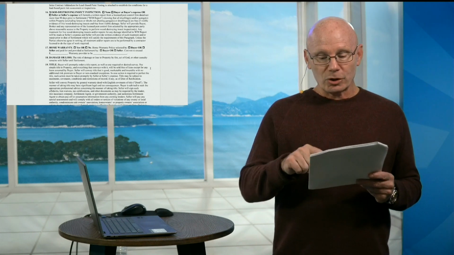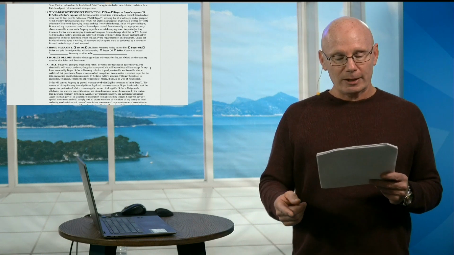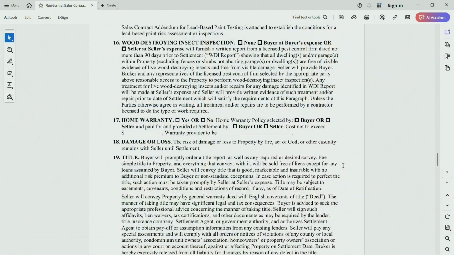And so here it does say the seller will provide the buyer and the buyer broker representative licensed pest firm selected by the appropriate party. So if the buyer is doing it, and then they have to provide their report. And then the seller, at the seller's expense, will provide written evidence of treatment or repairs prior to the date of settlement. So if you're the buyer representative, don't wait till the last.